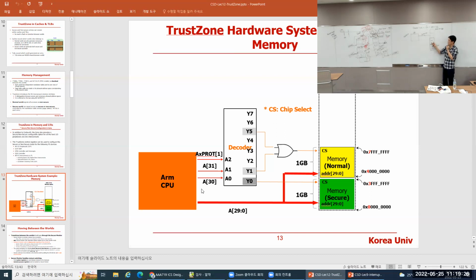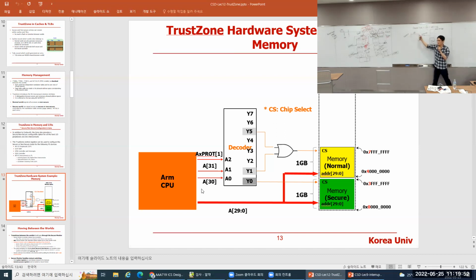Okay, and this one is normal world memory. This one is secure world memory and normal world memory. So normal world memory can be accessed regardless of this NS bit, meaning normal world, right? That means if the CPU is in normal world, then you can access this memory. What if you are in secure world? The CPU is in secure world, yes, NS is 0.